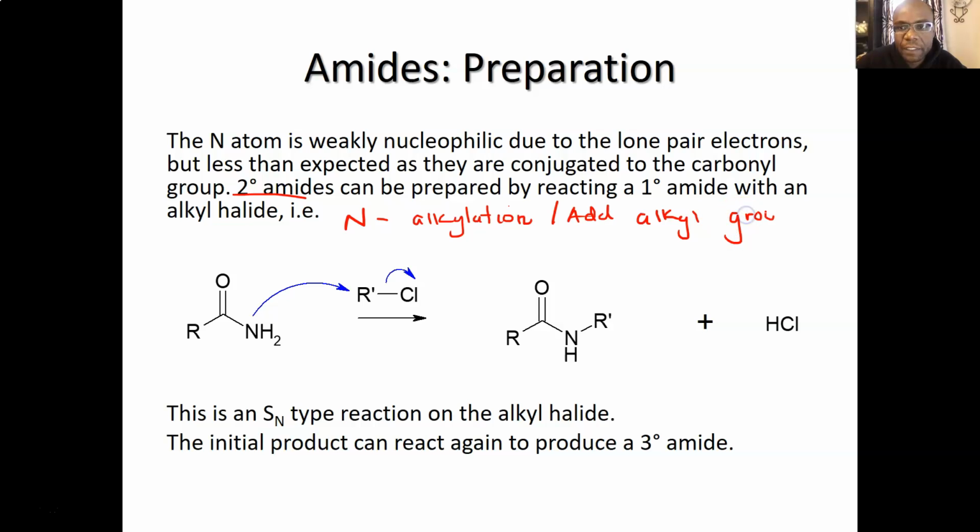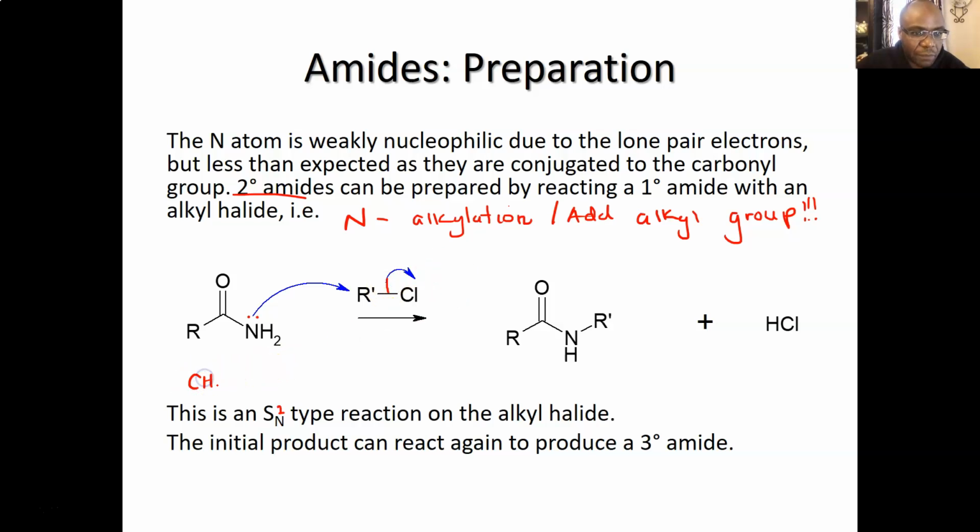This happens by an SN2 mechanism. It's a nucleophilic substitution type of reaction. You are using a lone pair of nitrogen to attack an alkyl group of the alkyl halide.